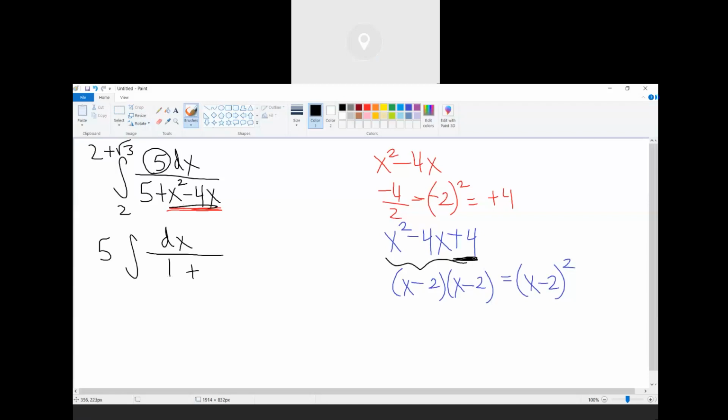And then this part where we completed the square is now x minus 2 quantity squared. Again, we didn't change the denominator, we just rewrote it into a more familiar format that may fit one of our formulas. Are there any questions about this algebraic part?